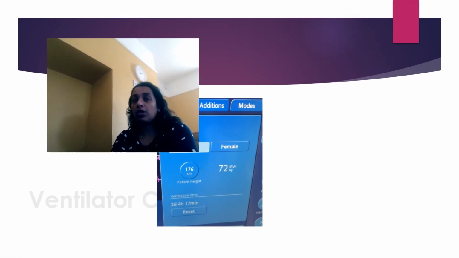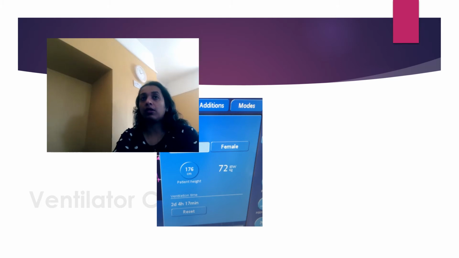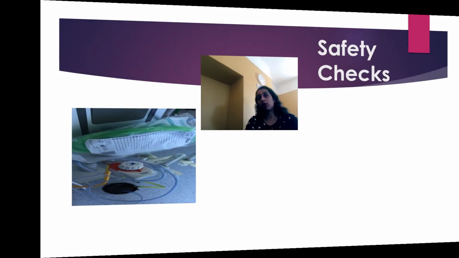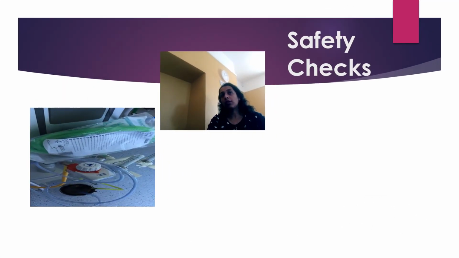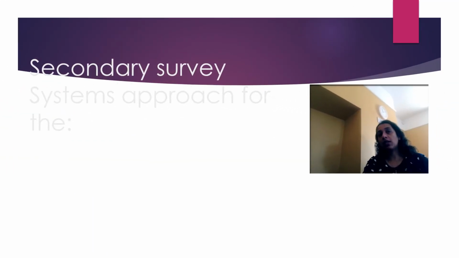Also we have to check the parameters we put in the ventilator, whether they are correct according to the patient's weight and gender, so that the tidal volume is calculated accordingly. In addition, you can also see whether the patient is on the ET tube or the tracheostomy tube. All these things will come under the safety portion.